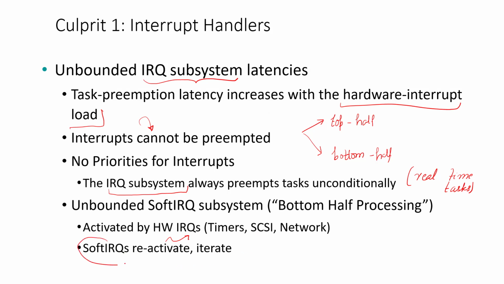But then the bottom halves, the soft IRQs, get queued and run later. And mind you, they're still running with kernel priorities because both of these are kernel tasks. That is where they can take up the resources of real-time tasks and delay them.